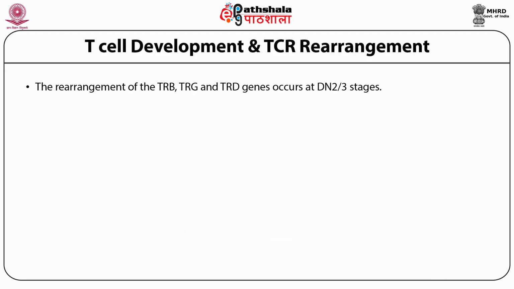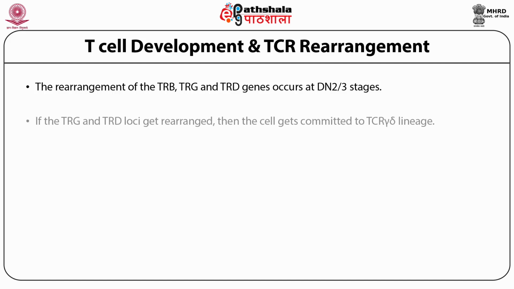The rearrangement of the TRB, TRG and TRD genes occurs at DN2 or DN3 stages. Therefore, this is the time at which T cell fate decision occurs between TCR alpha beta and TCR gamma delta lineages. If the TRG and TRD loci get rearranged, then the cell gets committed to TCR gamma delta lineage.